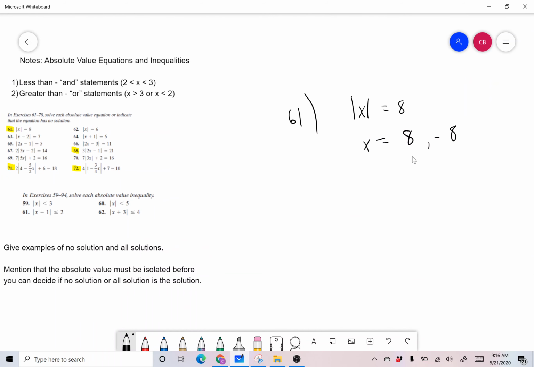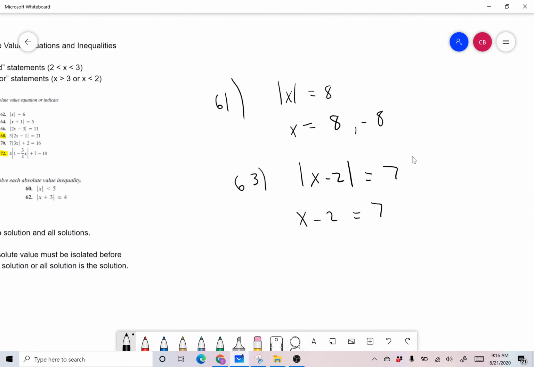This can lead to two different equations though, so let's look at 63. If I give you the absolute value of x minus 2 is equal to 7, then this is x minus 2 is equal to 7, and this is x minus 2 is equal to negative 7.